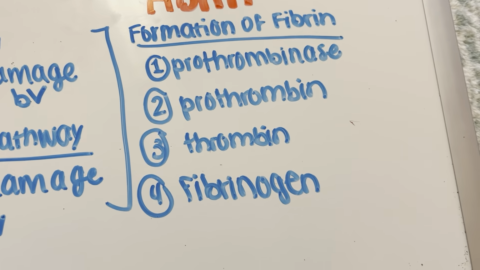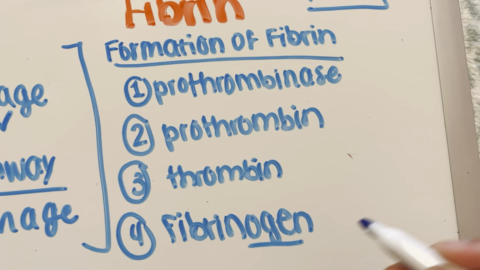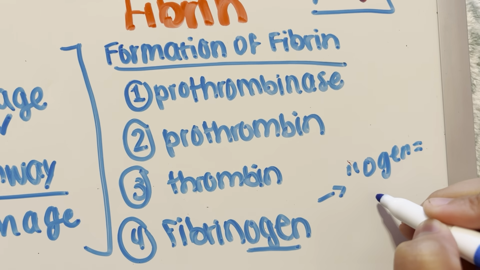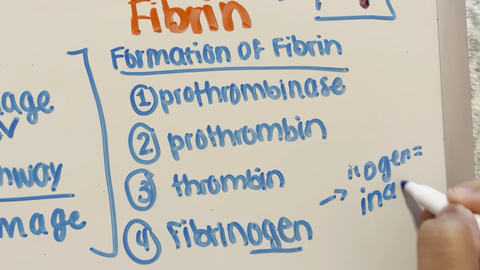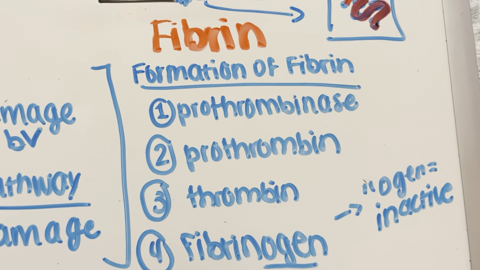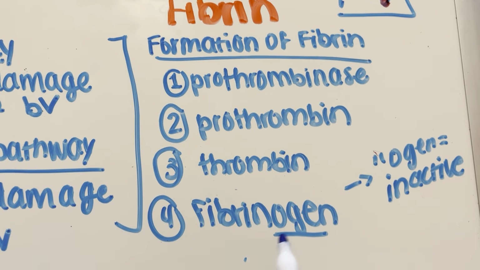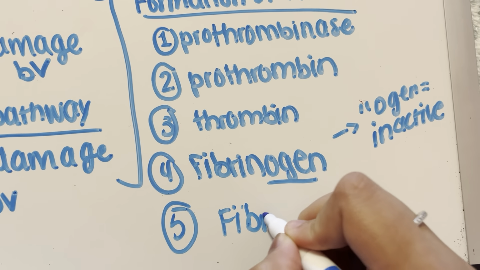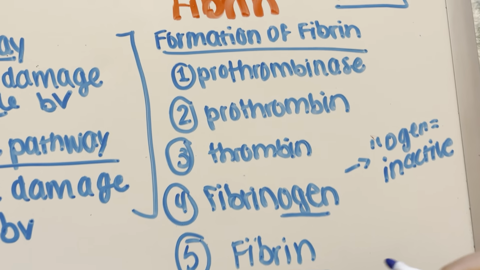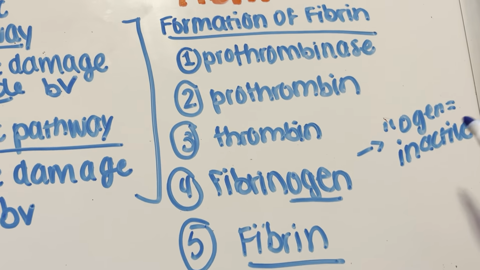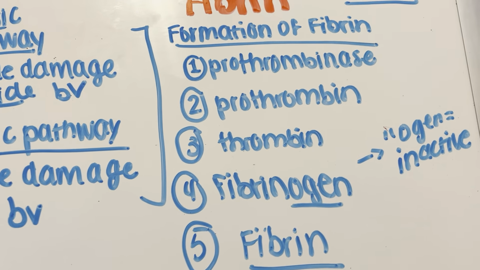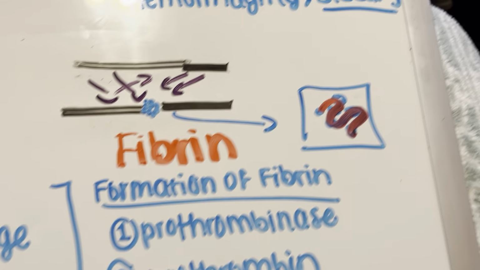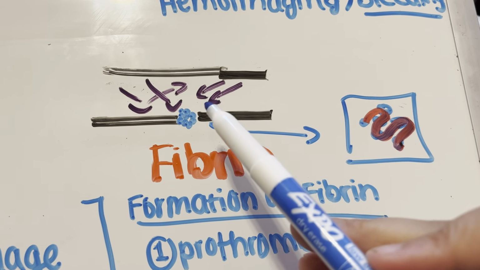One thing about fibrinogen is, remember, ogen means it's inactive. We'll see that later in A&P too. This is inactive fibrin, so when it's activated, it will cause fibrin, and that's our final thing that we need for clotting. So it's just these five different steps that will lead to the formation of fibrin, which in turn leads to proper clotting.